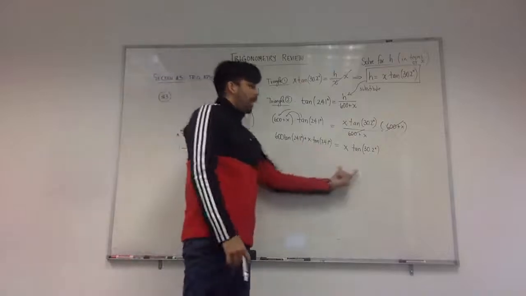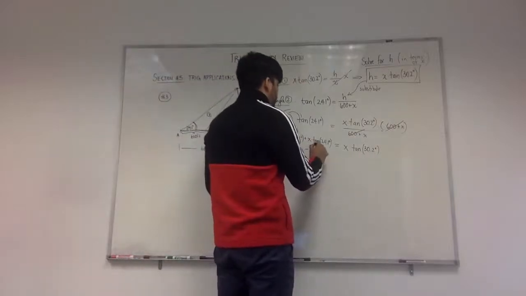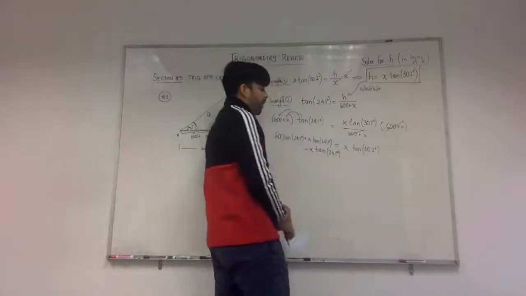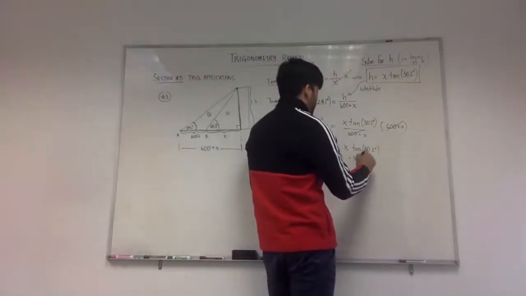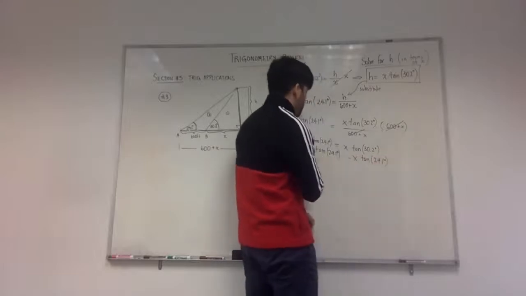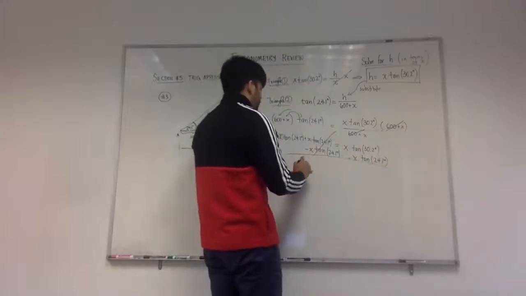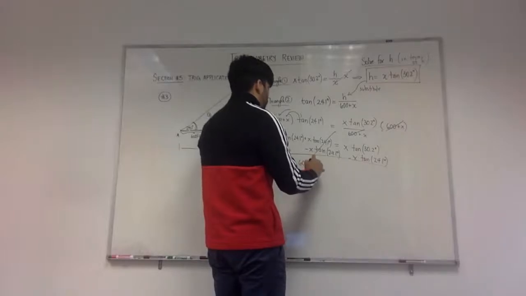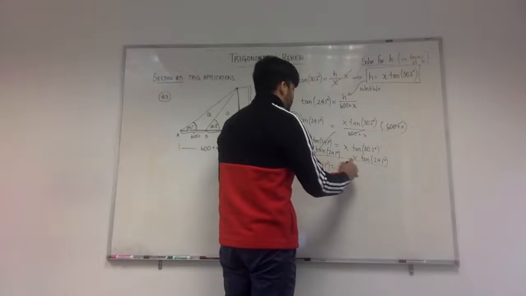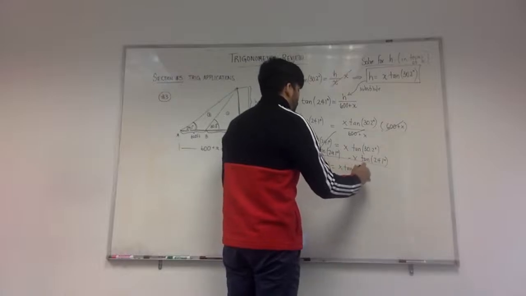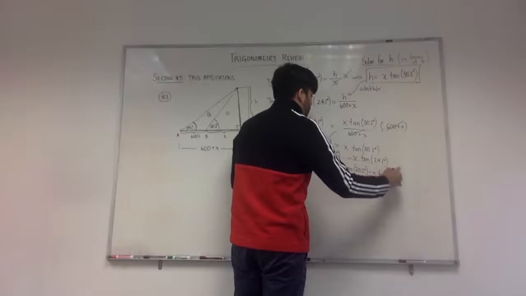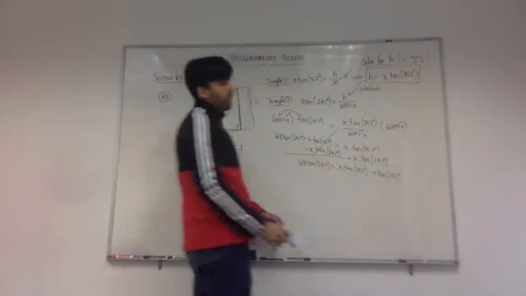And now I can get all the x's on the same side. I need to subtract x tan of 24.1 degrees from both sides. And I get that 600 tangent of 24.1 degrees equals x times tangent of 30.2 degrees minus x times tangent of 24.1 degrees.